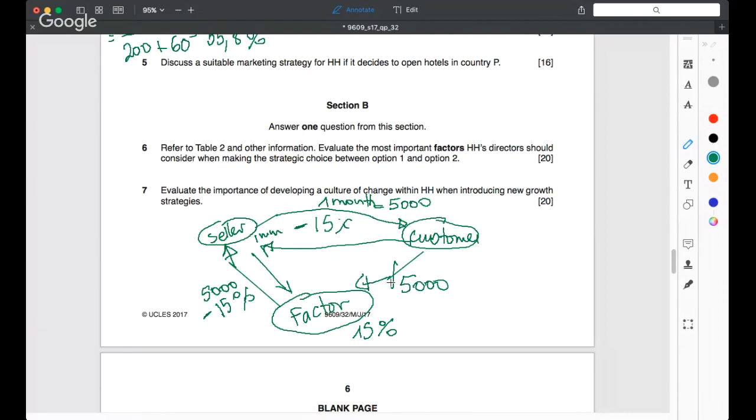How much are you going to invest? What are the areas that you want to develop more for that country? Like the USP.